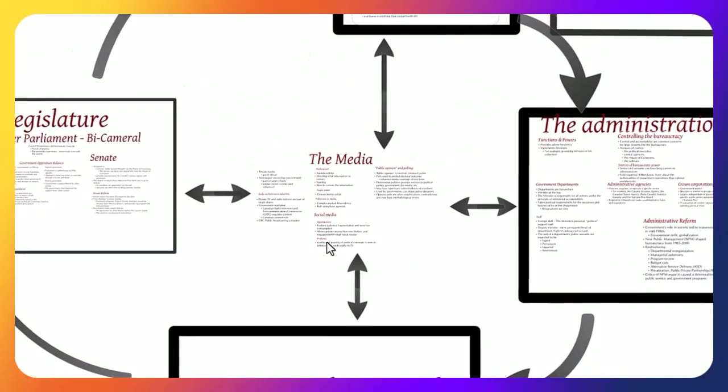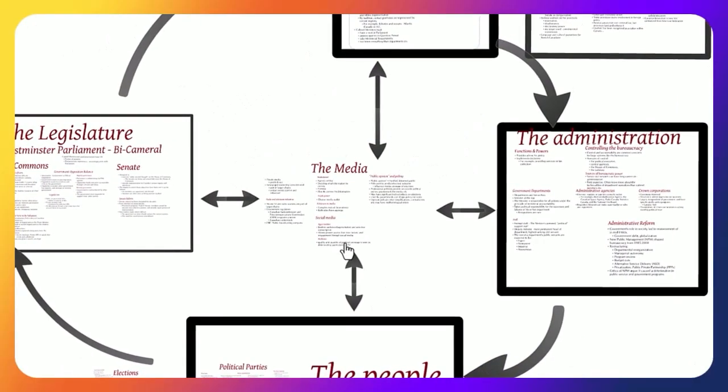It's called this because it is a watchdog, and it's a really important part of holding all levels of government accountable to the people. And come election day, the media will have played a very significant role in how the people will act and vote, and thus exercise their powers of accountability over the elected representatives in the House of Commons.